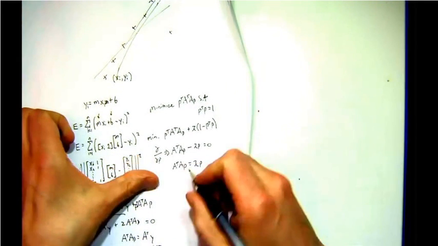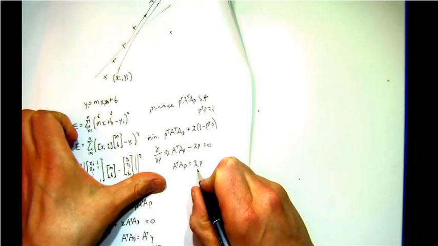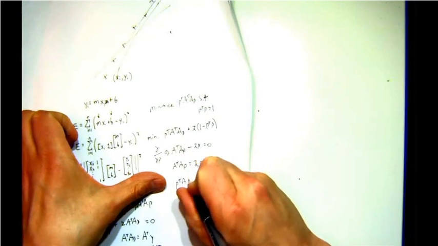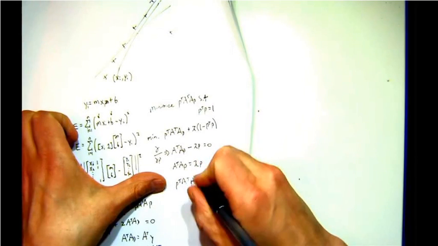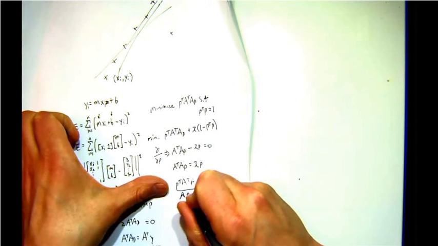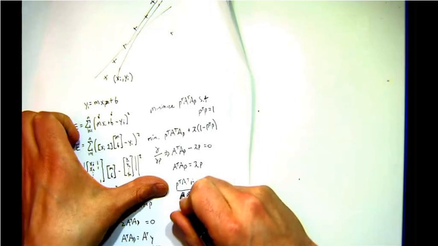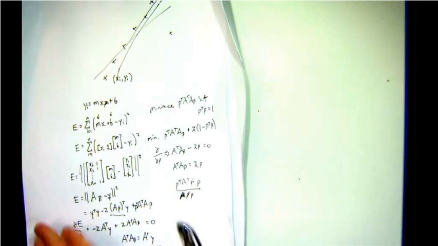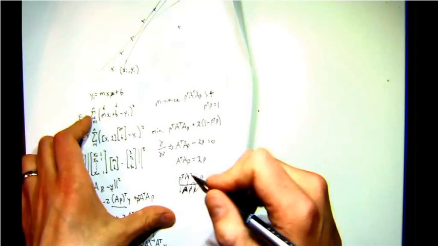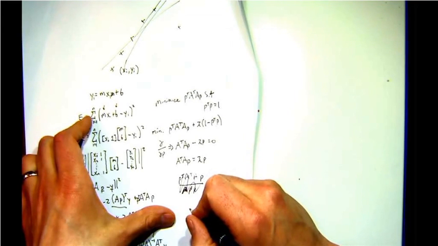So if I plug that in, I can write that I want to minimize p transpose A transpose A p.